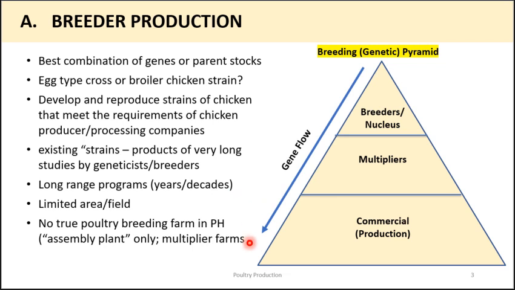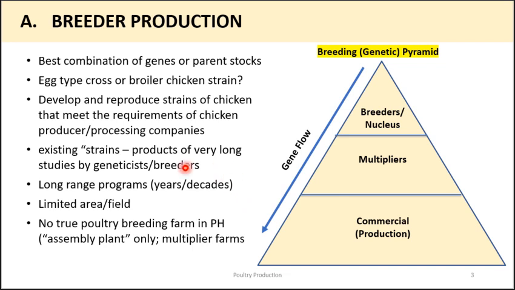Not only chicken, but also swine and ruminants. It takes years and decades because we have to look at the performance of the animals. We have to employ intensive selection. Not only selection, we have to let them reproduce, and then we gather data from their offspring.